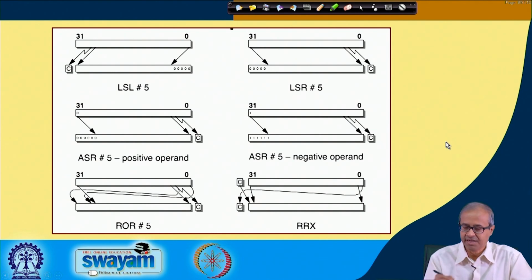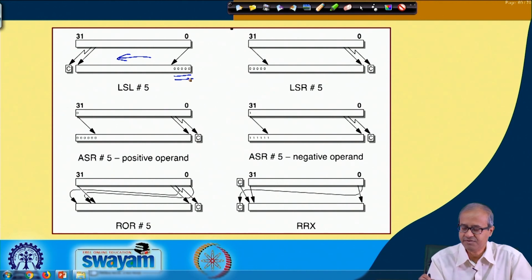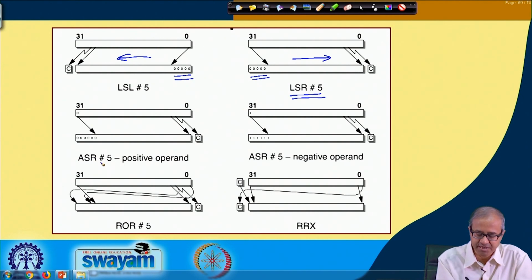So, in this diagram some of these are shown. You see here, if you say logical shift left 5, the original register will be shifted left by 5 positions and zeros will be added on the right. So, if you say logical shift right by 5 positions, similar, you shift right and zeros get added. Now, if I say arithmetic shift right, but the number is positive, which means the MSB was 0, then zeros will be added.